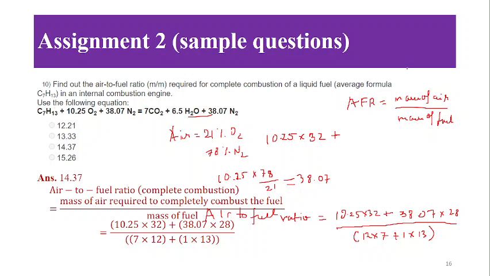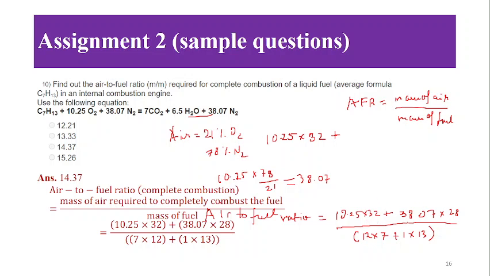So how can that mole of air be converted to mass? We need to multiply by the molecular weight. That's how we will get the mass of air, and the mass of fuel will be the moles of fuel into the molecular weight. So this is how you get the last part. This is the moles of oxygen into the molecular weight of oxygen.